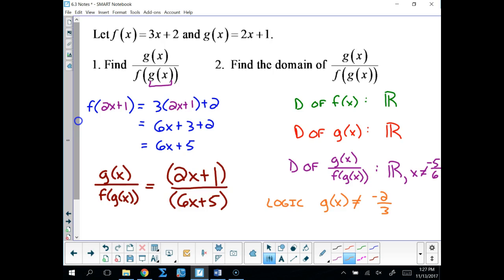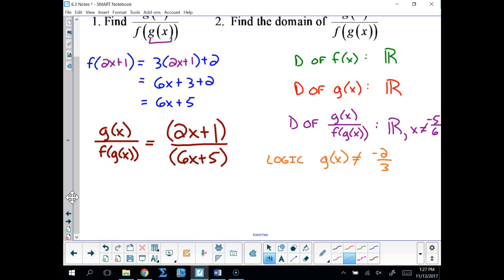Right? Because what happens when g of x equals negative 2/3? f of x becomes 0, and I get what as a denominator? 0. Okay? So 2x plus 1 here can't equal negative 2/3.